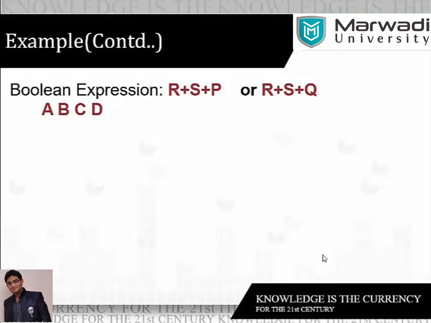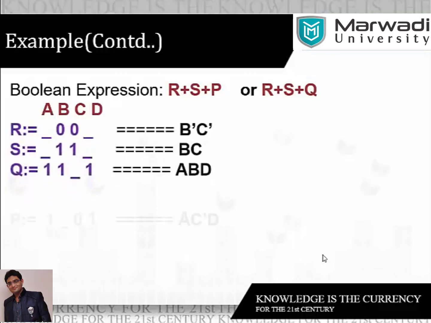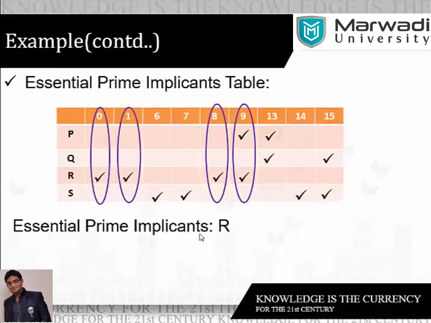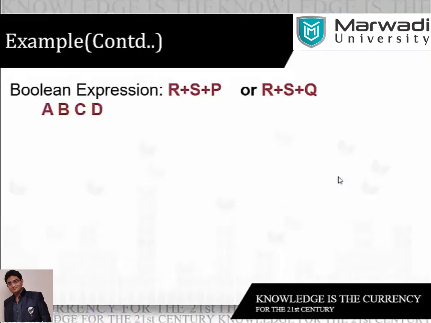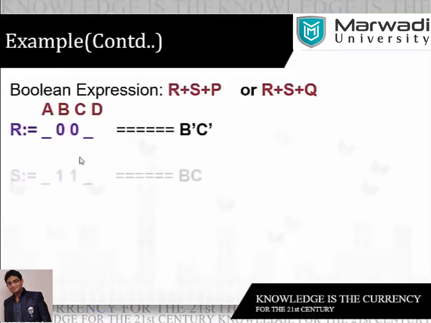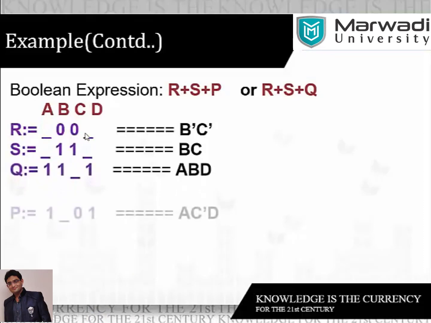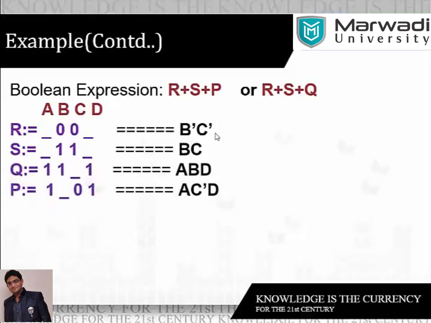Now let's write the final Boolean expression in terms of A, B, C and D, which are the variables. R corresponds to, in our previous column number 3, dash 00 dash, and we will be mapping the same thing over here, that is, R is equal to dash 00 dash, that is B bar C bar.